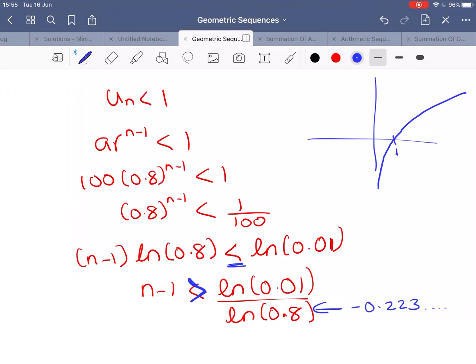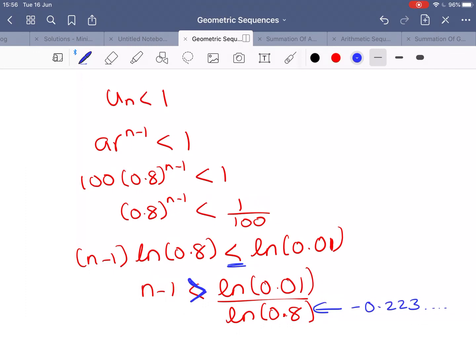So the logarithm of anything that's greater than 1 is always positive, but anything less than 1 is negative. If you have the logarithm of 0.1, 0.7, 0.356, it's going to be a negative number, so you need to change the inequality sign around.